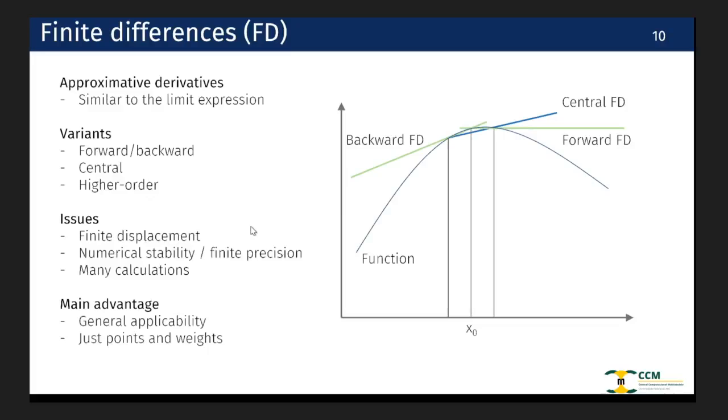Which means that once your energy difference becomes very, very small, or that displacement becomes very small, then 15 significant digits are not enough to be accurate. So for very small displacements, you're wrong because of numerical precision. For very large displacements, you're wrong because you're not actually taking the derivative. Make sense?